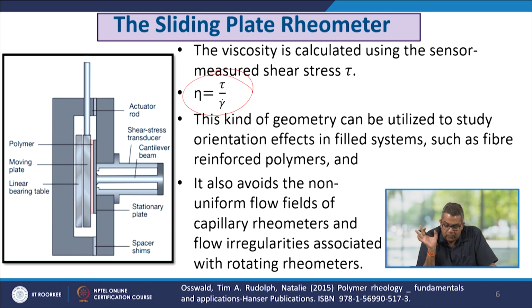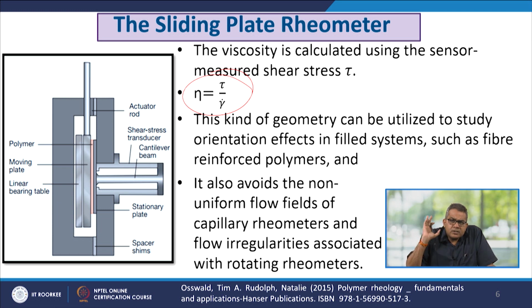This kind of geometry can be utilized to study the orientation effect in filled systems, which are very common in polymeric systems. It can be used with fiber reinforced polymers and in different types of molding operations, injection molding, all those things.